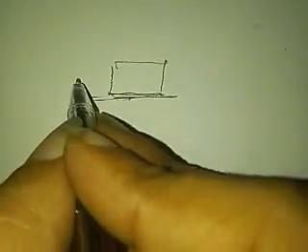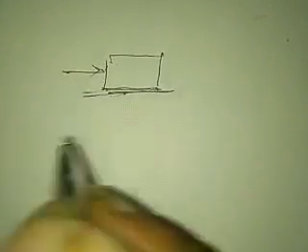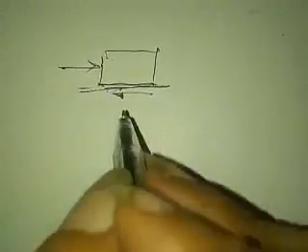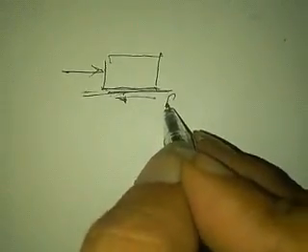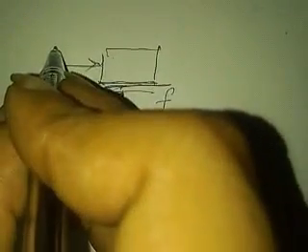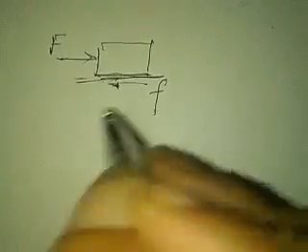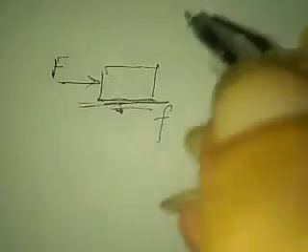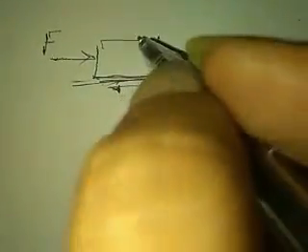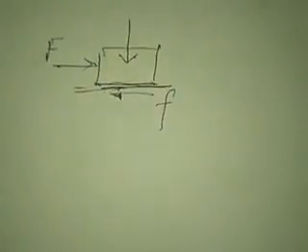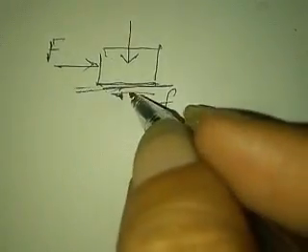So if they are rough, whenever a load acts on them in the horizontal direction, there will be some frictional force. Say this is small f, and this is force F. This f is a frictional resistance, and it depends on the amount of normal.